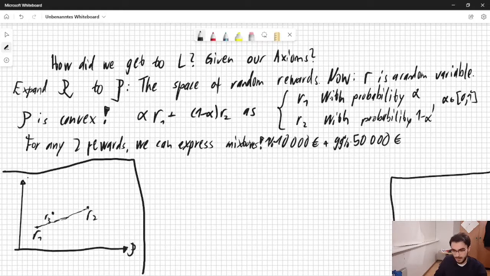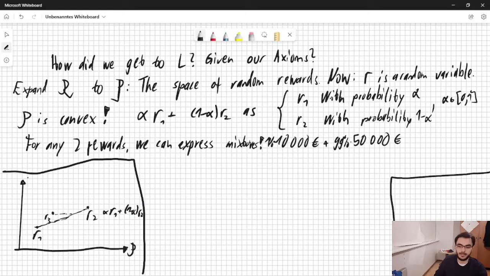Now we just take the point which is at the same value as R3, so that's going to be alpha R1 plus 1 minus alpha R2 for some alpha. And this point is the same as R3, basically.